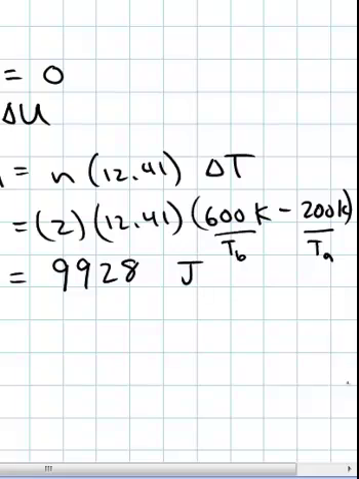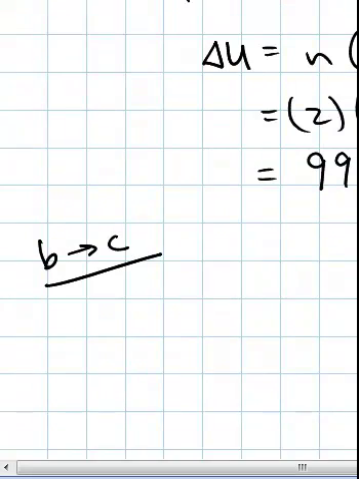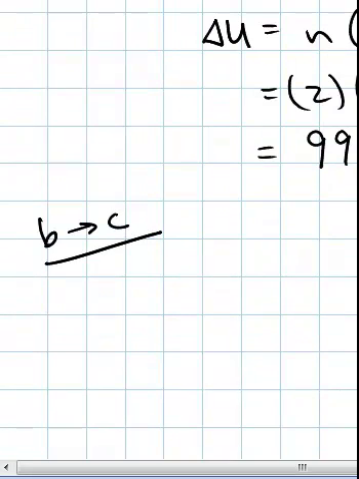Okay, let's look at the next part of our path, going from B to C. And here, the temperature does not change. And if we have an ideal gas, then the only thing the internal energy depends on is the temperature.